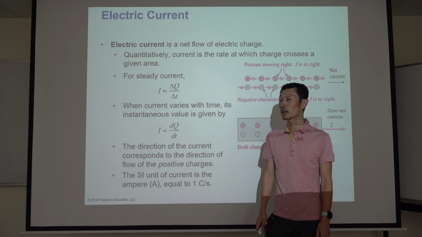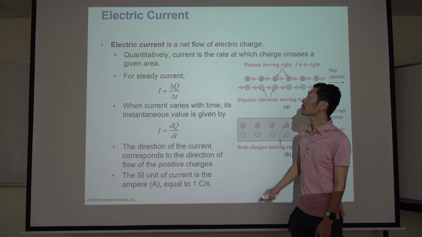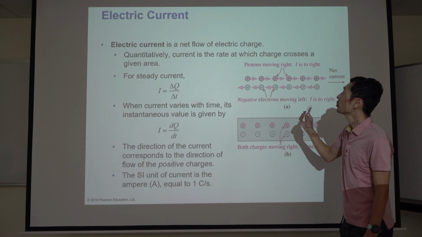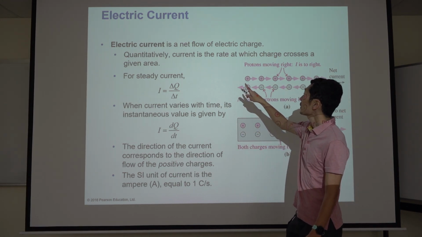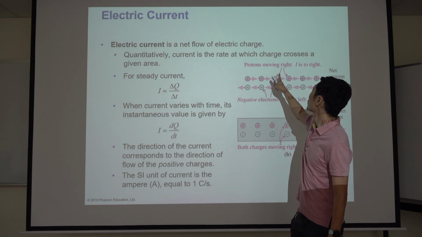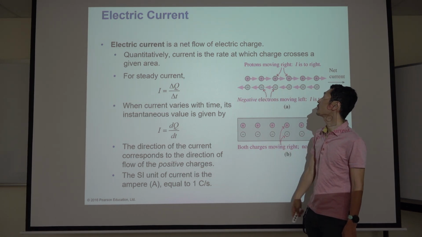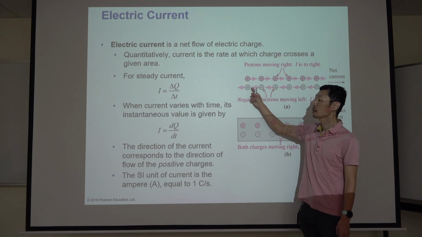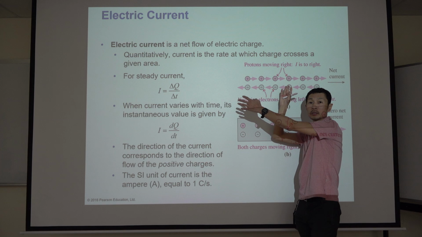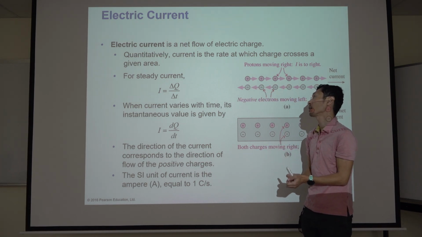Let's get started. Electric current. Electric current is a net flow of electric charge. Quantitatively, current is the rate at which charge crosses a given area. So this charge, either negative or positive, crosses the net area. This is electric current.